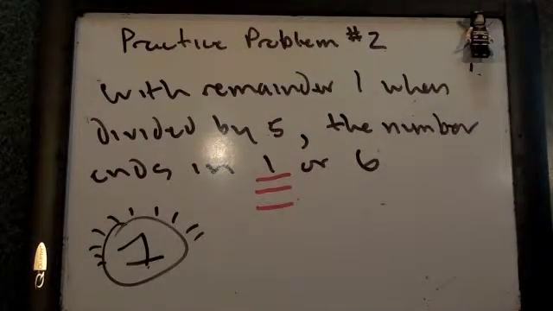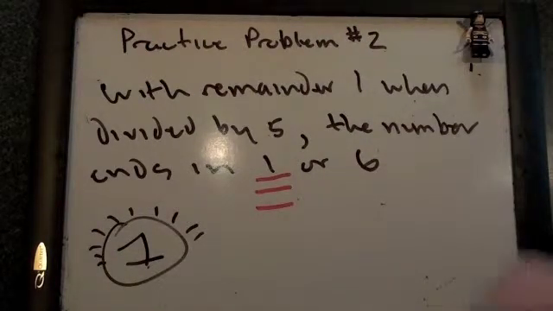So now we're going to have to find the next one that ends in a 1 and has remainder 1 when divided by 5 and 1 when divided by 11. Now if it ends in a 1, we know it has remainder 1 when divided by 5. So now we just have to count multiples of 11, looking for something that has remainder 1 when divided by 11.